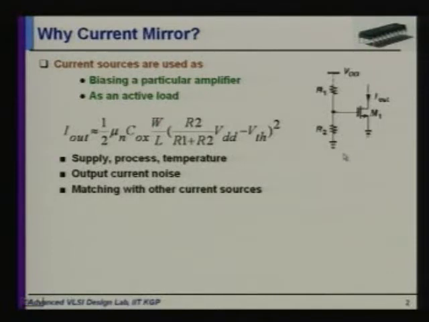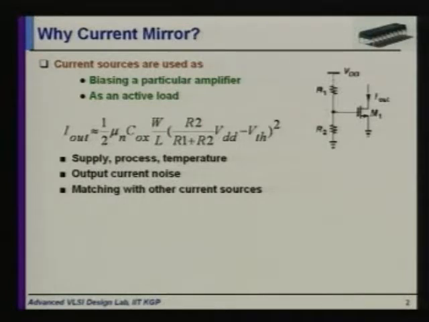Now see that the current is I out equal to half mu n C ox W by L into VGS minus VTH the whole square, where VGS is the output from the potential divider. This current may be constant because all the terms in that equation are constant, that is VDD, VTH, R2, R1, W by L, mu n C ox, etc.